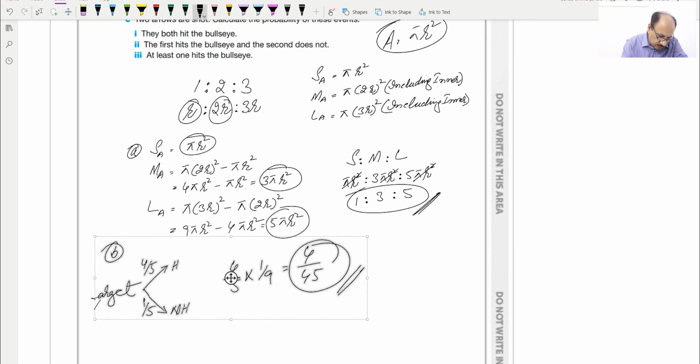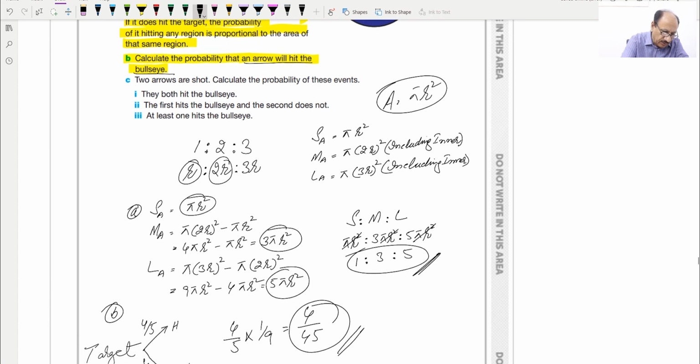And this will be the answer which we have written over here. And next, C part. In C part we have two arrows shot. Calculate the probability of these events. Number one, they both hit the bull's eye.